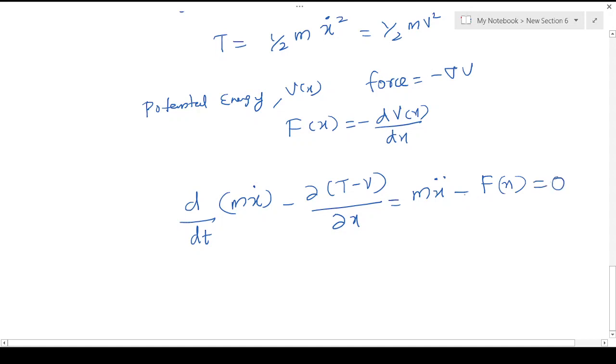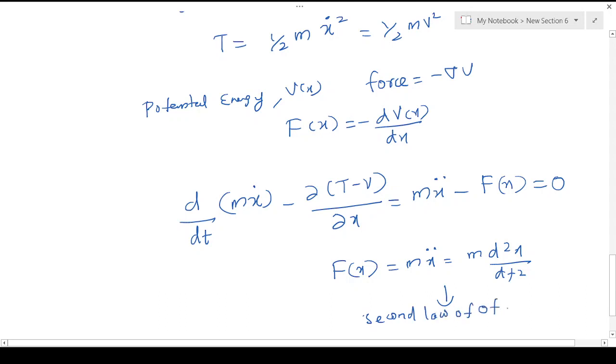Okay, so what is this equation? This equation we know that f of x is equal to m x double dot, that is m d square x by dt square. So this is a representation of what? It is Newton's second law of motion equation, right? Okay, so we could derive it.